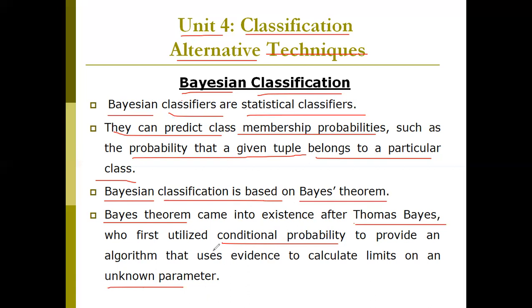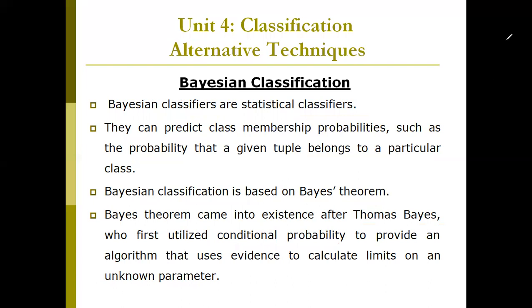If one tuple is there, which class does that tuple belong to, and what is the probability for that particular tuple? Like that, we are going to calculate. We may also apply some kind of conditions on the data, and for that condition only we are going to calculate the probability.